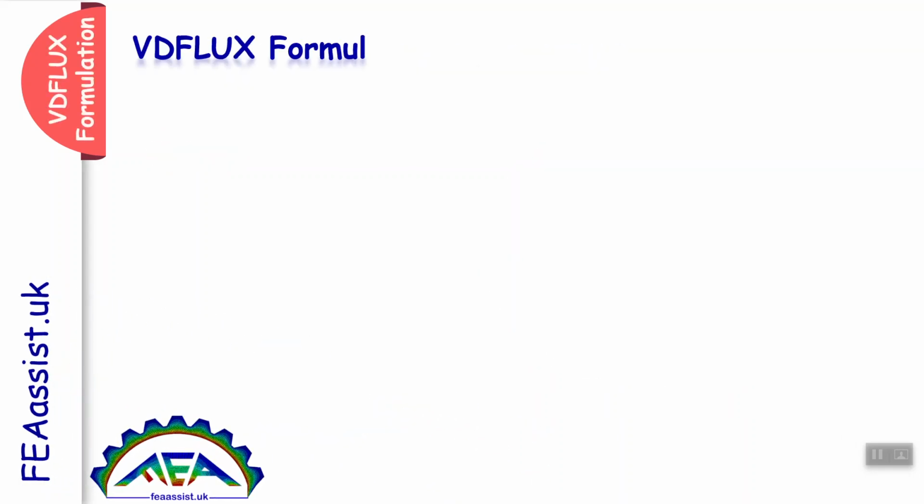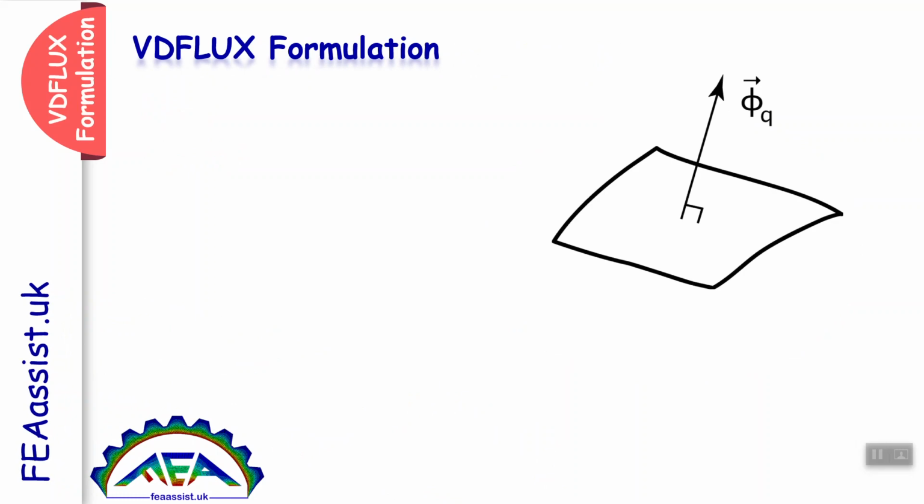VDFLUX formulation. Before going to the details of the formulation, you need to understand the meaning of flux. What is the energy flux or heat flux or mass flux? Flux in heat means the amount of heat transferring through a unit of area in unit of time.